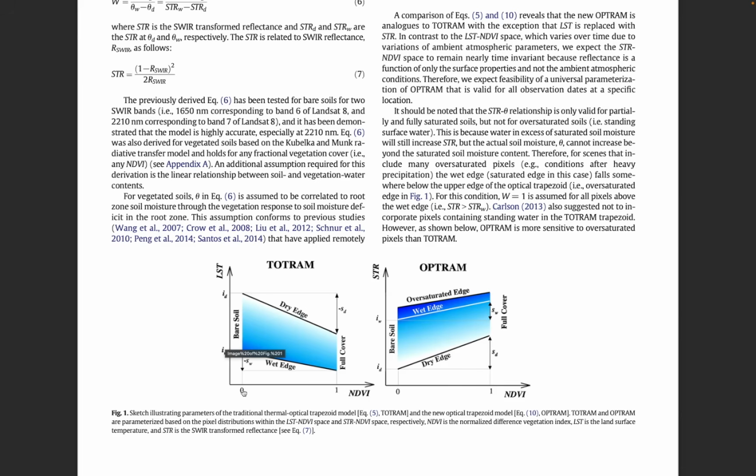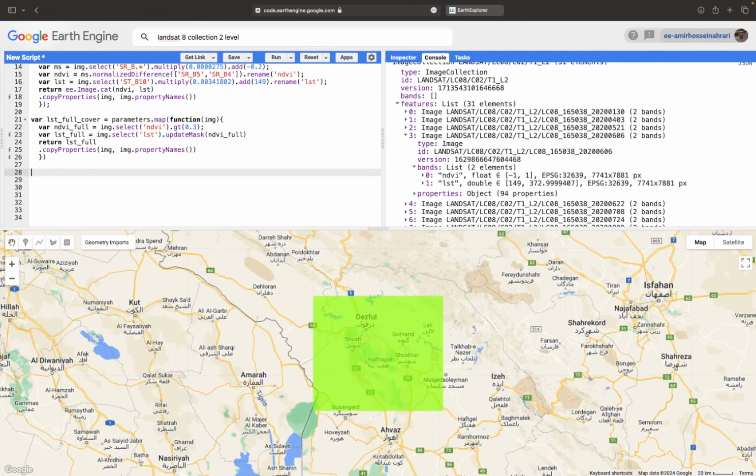In the bare land, the vegetation covers are between 0 and 0.3. So now make a new variable, LST bare land, but this time I'm going to calculate the LST just for the bare lands.